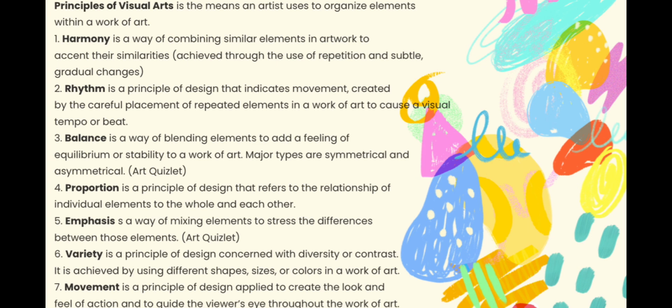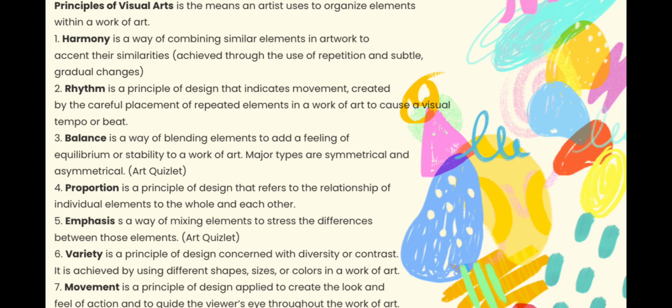The principles of visual arts are what an artist uses to organize elements within a work of art. It has 7 factors we need to consider. Number 1, harmony.